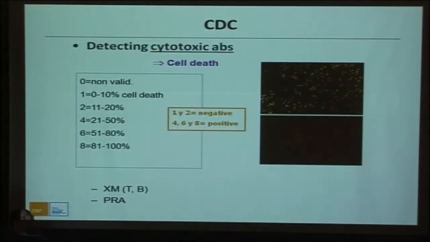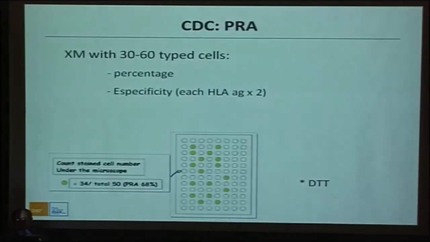So this is why this tool is not a yes or no. It's the evolution of decades after the first Terasaki observations at the end of the 60s, when we agreed what is positive and what is negative. And there are some gray zone parts: if you have a negative CDC crossmatch and then a very bad antibody-mediated rejection comes, perhaps it has been a gray zone negative CDC crossmatch sometimes.